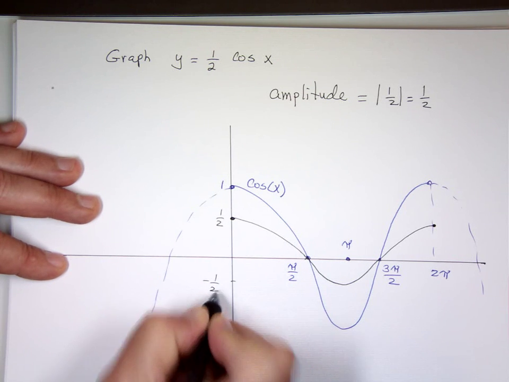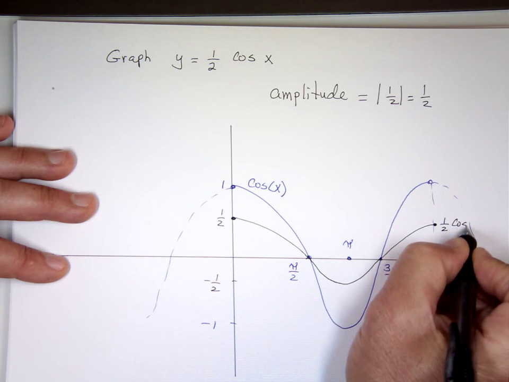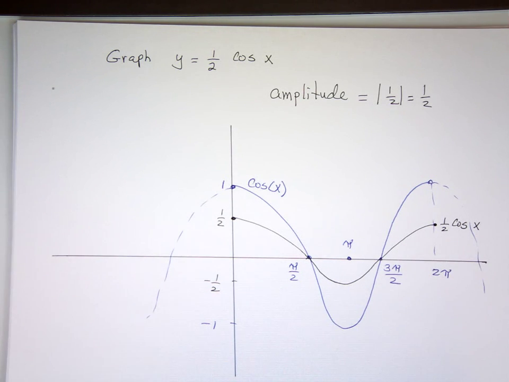So this is 1/2 cosine of x. It goes as high as 1/2, as low as negative 1/2. As I said, that's the only thing the number on the front does. The only problem I have to be careful with is when that value in the front is negative.